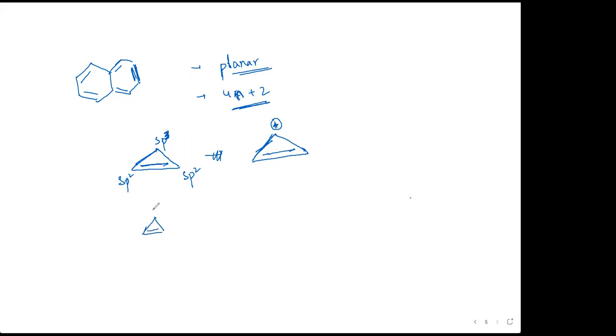You had this thing and then you've got 2 hydrogens present, right? So in this case, cation means you removed one of the hydrogens here. So there's only one hydrogen. So what is the hybridization of this carbon now?